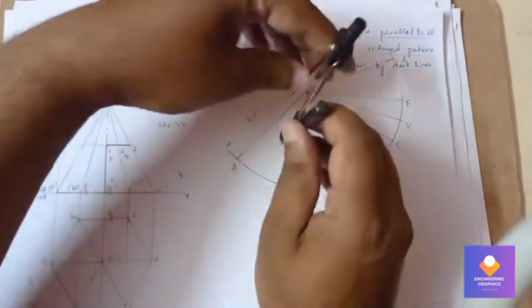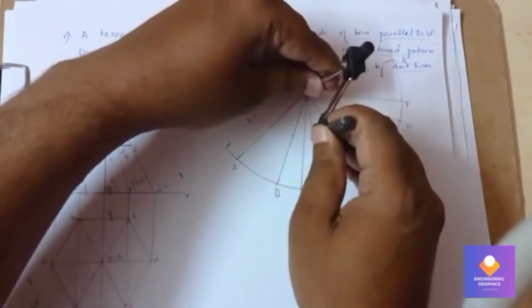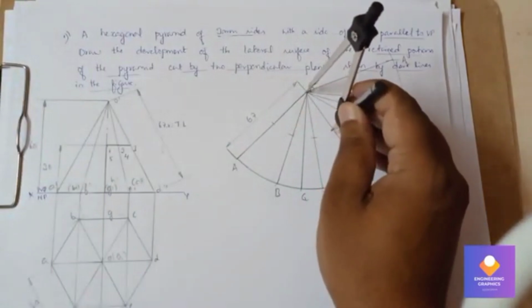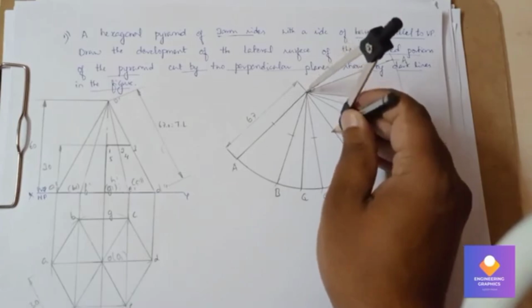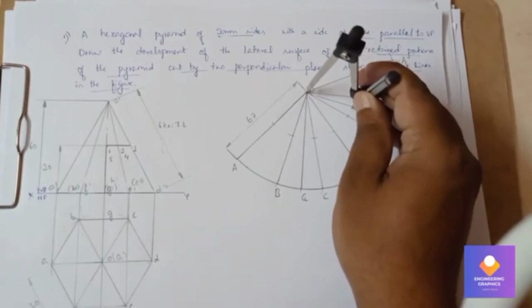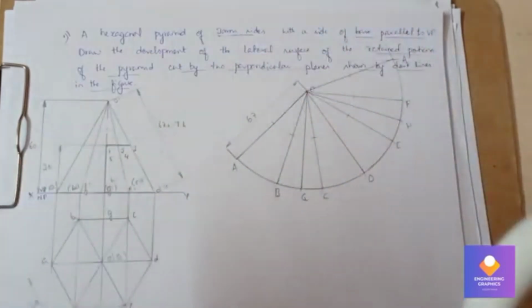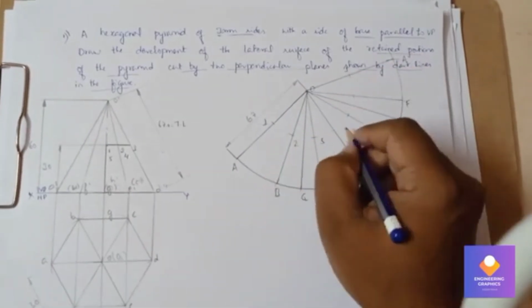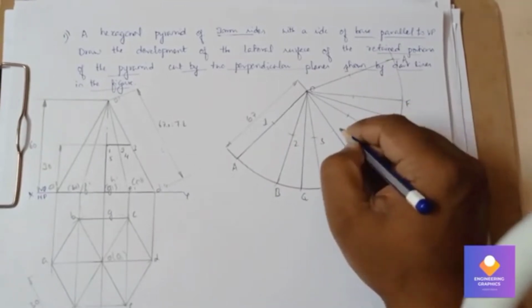So we need to cut it only from that G point, because the ABF edge was not cutting, so we should not cut it. We should cut it from G, C, D, F.